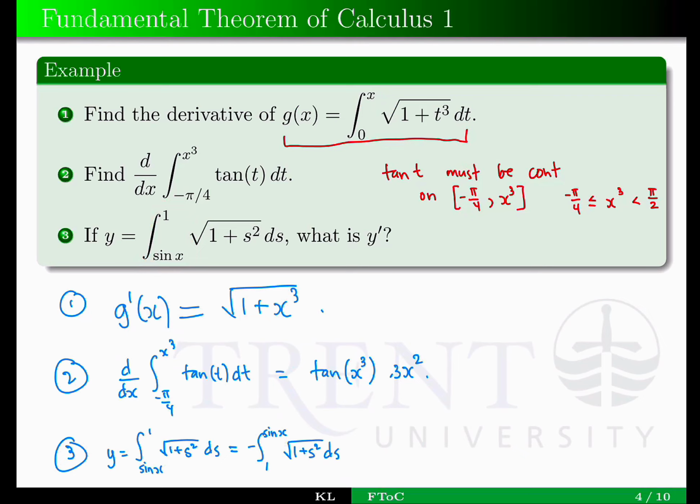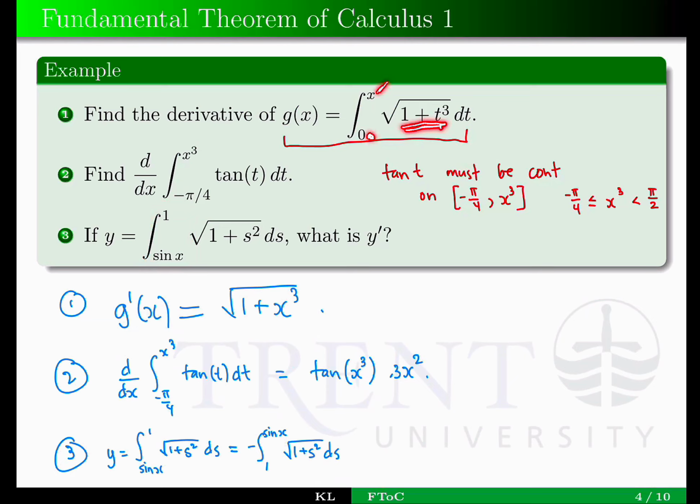Now, I just want to emphasize again the continuity of the integrand on the given interval. In here, let me go back to this one. We have 1 plus t cubed. Our lower limit of integral is 0.